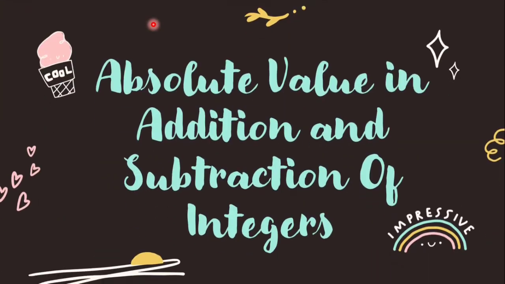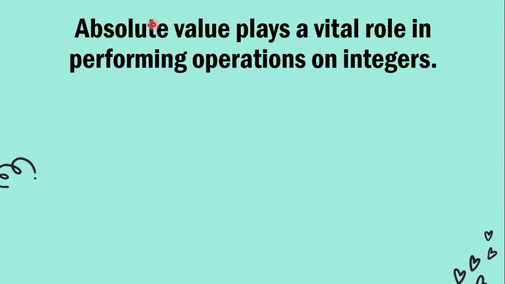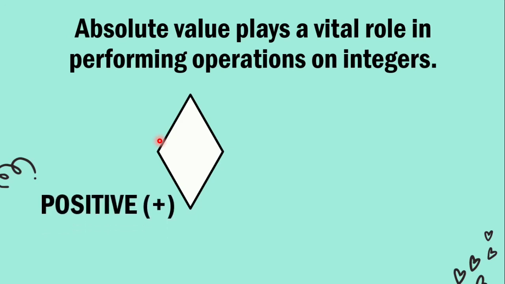Okay. Now, let's talk about absolute value in addition and subtraction of integers. So, the absolute value plays a vital role in performing operations in integers. In this lesson, this illustration represents the positive integers or positive numbers.